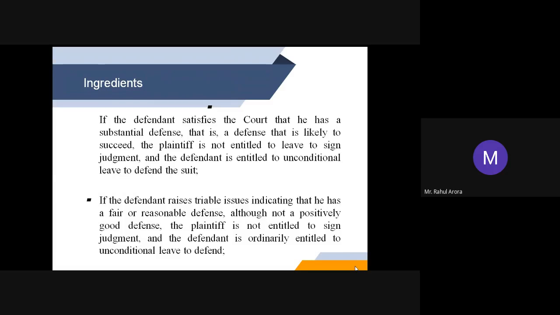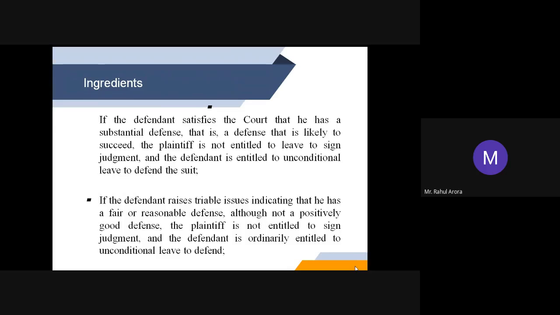Furthermore, if the defendant raises any triable issues indicating that he has a fair or reasonable defense, although not a positively good defense, the plaintiff is not entitled to sign judgment, and the defendant is ordinarily entitled to unconditional leave to defend.